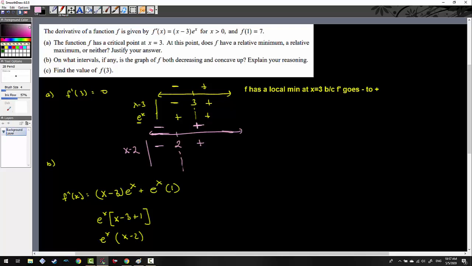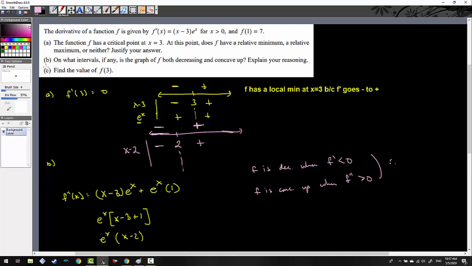So what we're looking for is a place where f is decreasing and concave up. Well, when does that happen? F is decreasing when f prime is negative. F is concave up when f double prime is positive. And so I'm looking for a place on both my sign charts at the same time when f prime is negative, but f double prime is positive.